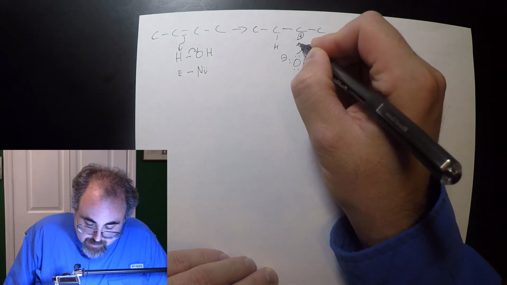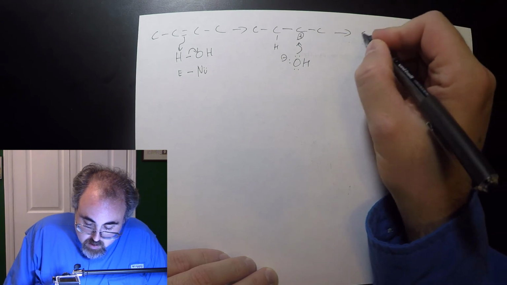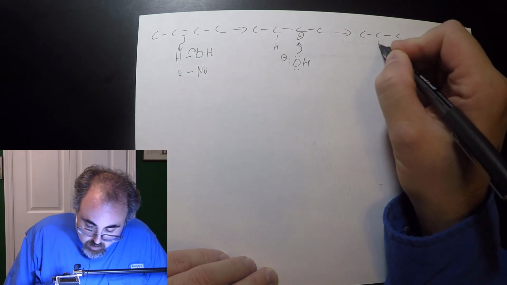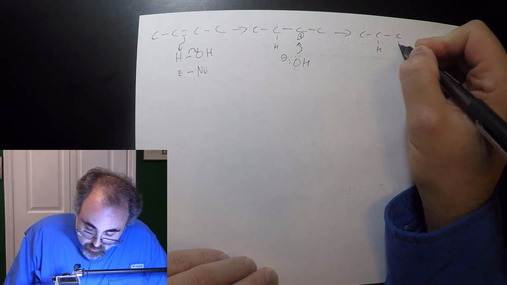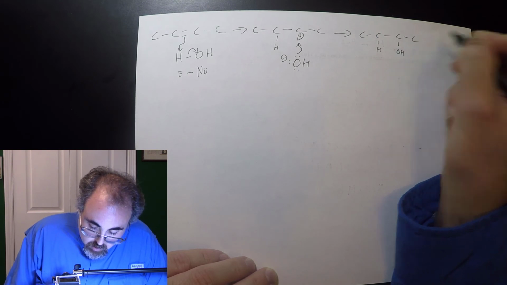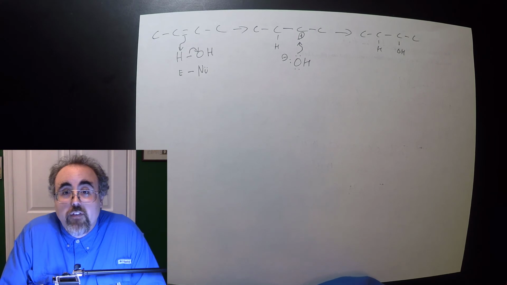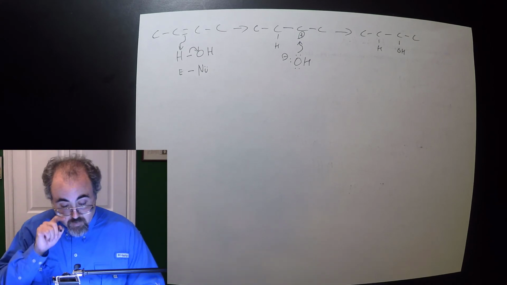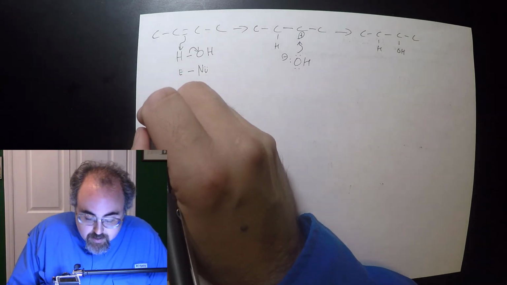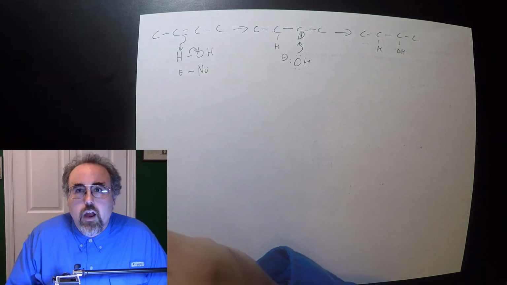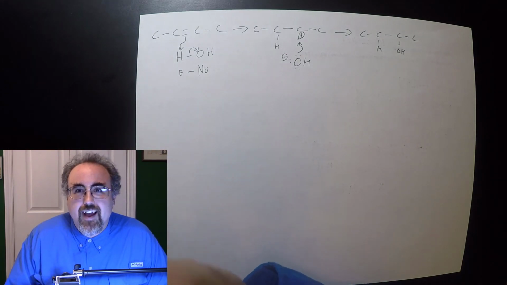Now, this guy attacks there. And we get ourselves an alcohol. And this is one way to get yourself an alcohol. If you want an alcohol, if you start out with a double bond, you can get yourself an alcohol. Works good.